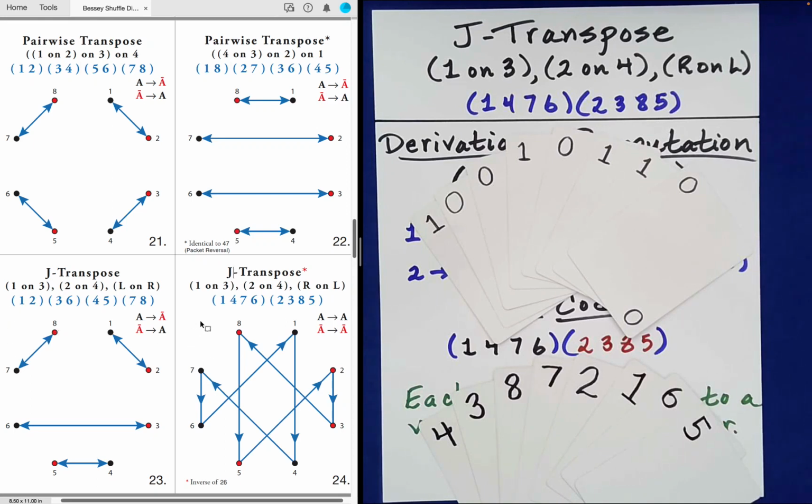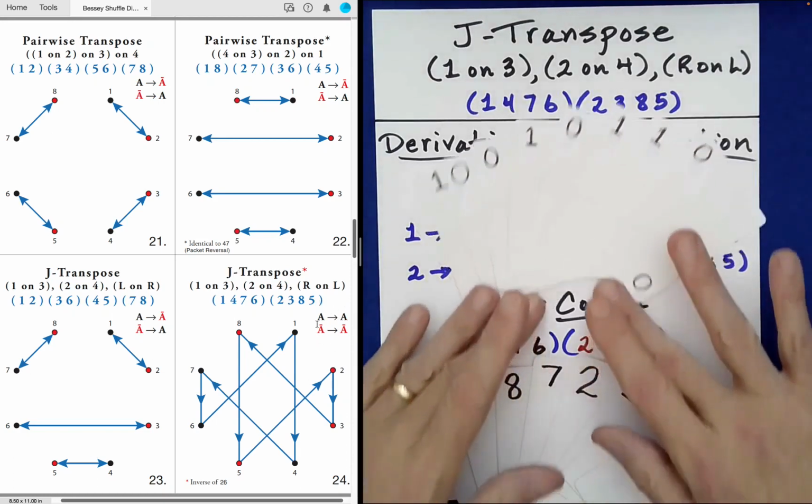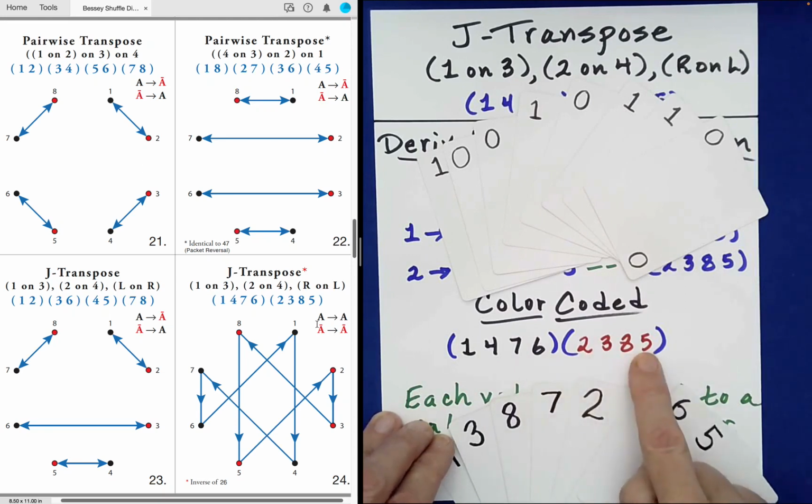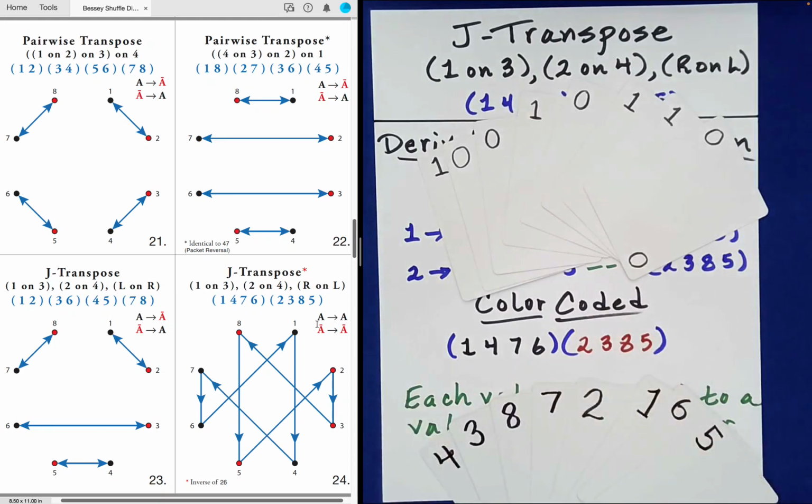Okay, and finally, let's take a look at the shuffle diagram for this final shuffle in our video today. Here we have a product of 2 4 cycles. There they are. Over here we've indicated that inversion has not occurred, and we know that from down here. Remember, black value positions get assigned to other black value positions, and red value positions get assigned to other red value positions.